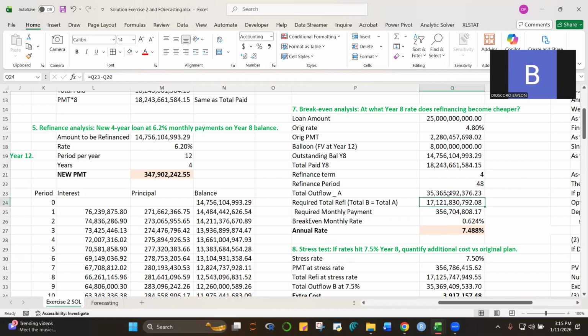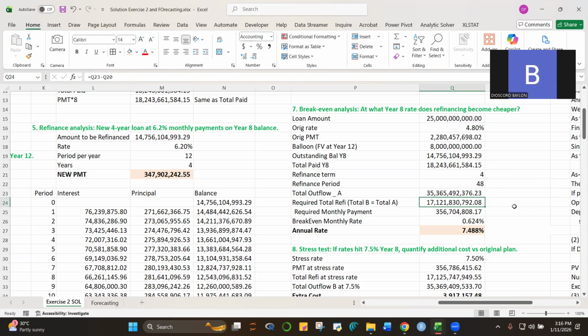Now take note, 17,121 is the amount that's paid from years 9 up to 12 using the balloon payment. How do I know? I'm getting the total amount paid using balloon minus the amount paid from years 1 up to 8 using balloon. So the balance is 17 billion. That's the amount paid using balloon.